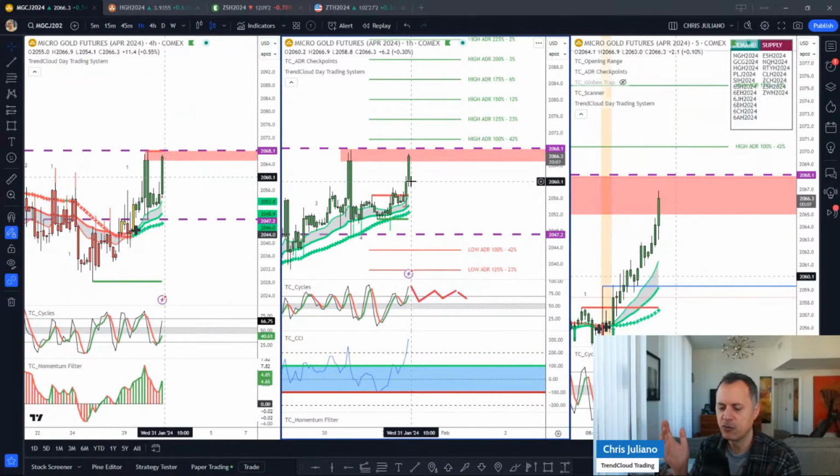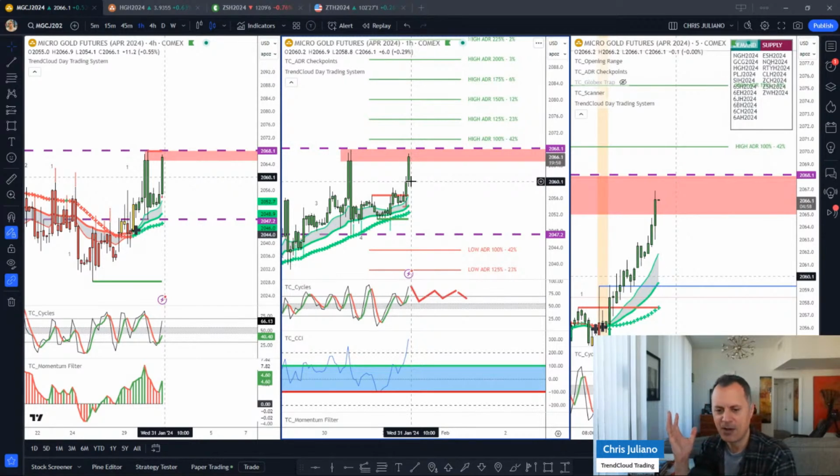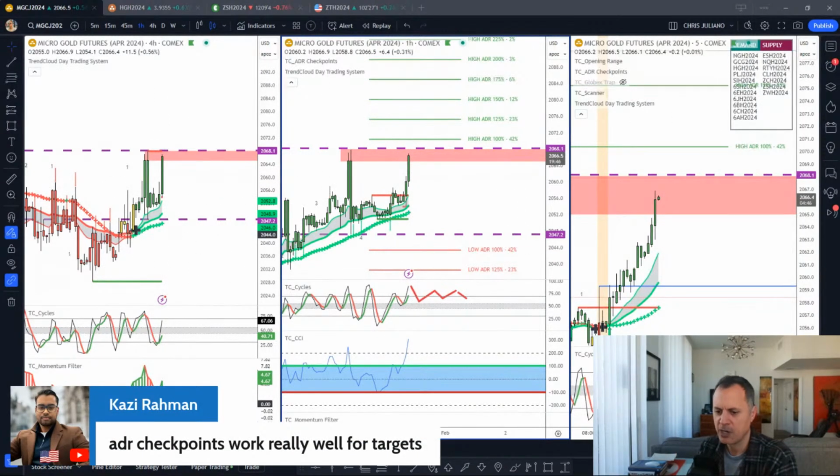It's just like if you're looking at a map, you really have to have a reference point as to where you are. You are here. Now I can put it into context as to where I am. Yeah, excellent for targets.